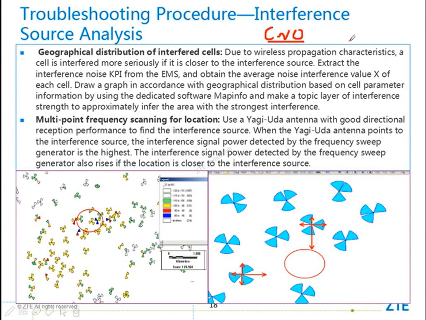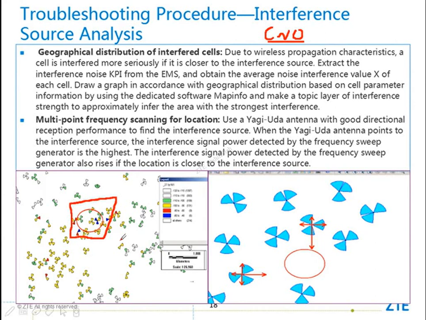Using this software, we can load the parameters of the EMS and the location. Then from this map, we can see which cells have the interference problem, so first we can locate this area.